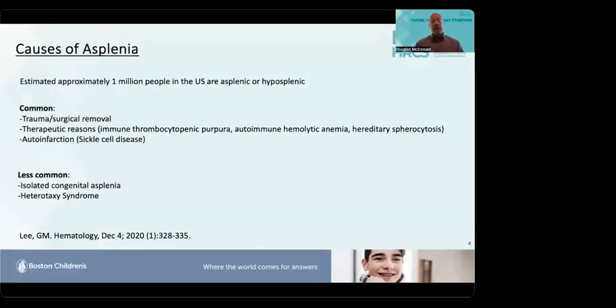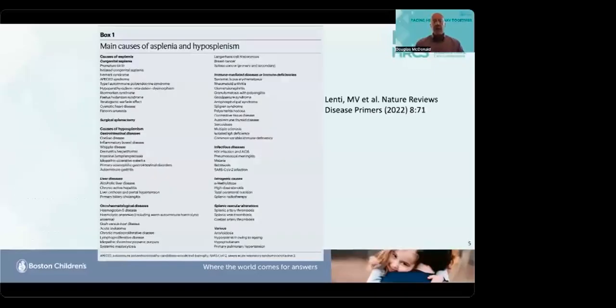Less common causes of asplenia include isolated congenital asplenia and heterotaxy syndrome, which is important to us all here today. But there are numerous causes of asplenia and hyposplenism shown in this slide here.